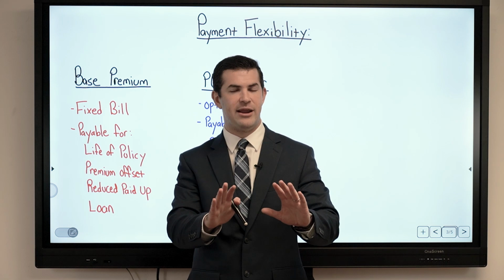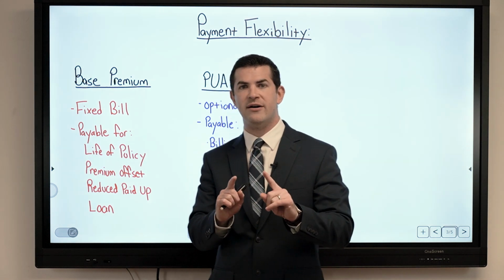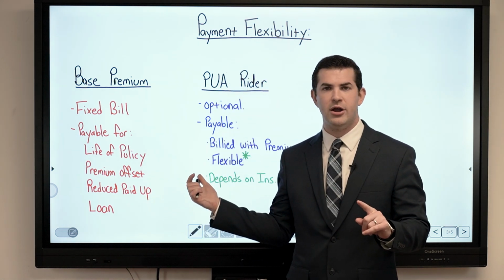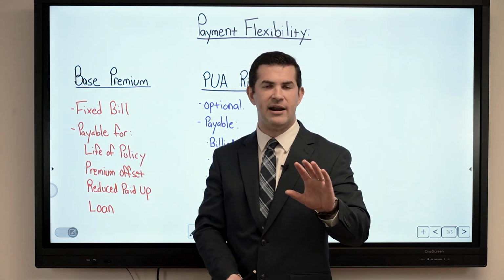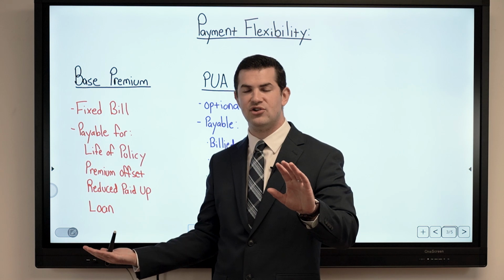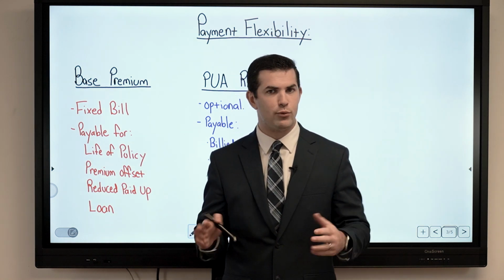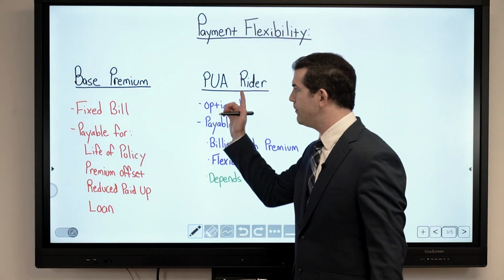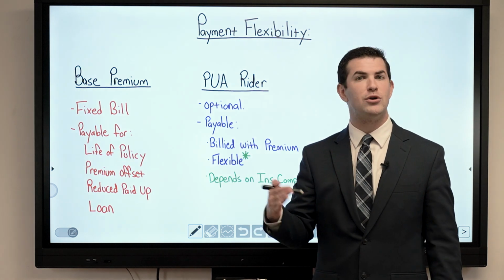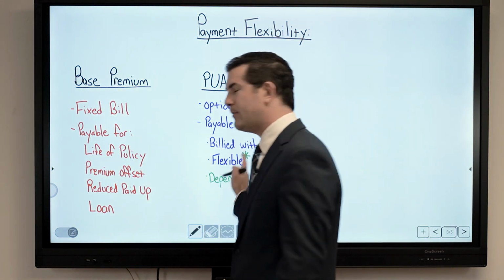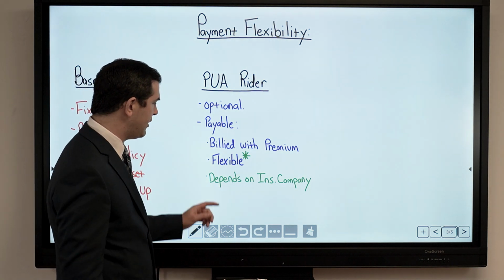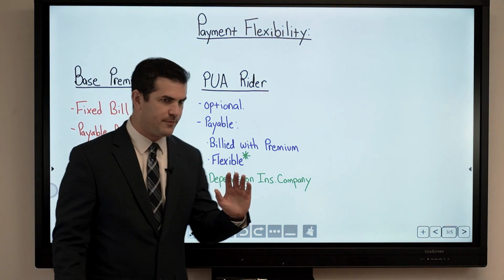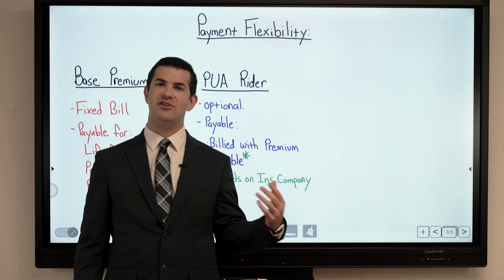So I'm billed at the same time, but the thing to be aware of is that PUA component, while I'm billed for it, if life happens, I can easily reduce that. I can cut it down to 50, I can cut it down to 0. So I can set it up where I make the whole payment, base premium and PUA together, but I do not have to. So I can set it up to be billed with the premium, or I can design it where it's very flexible. And in green, we've got here that it depends on the insurance company, because it does.